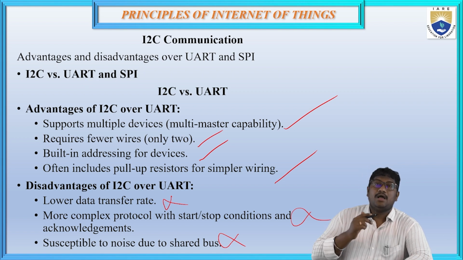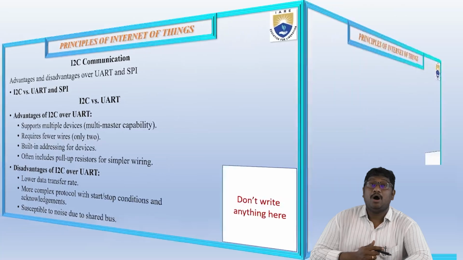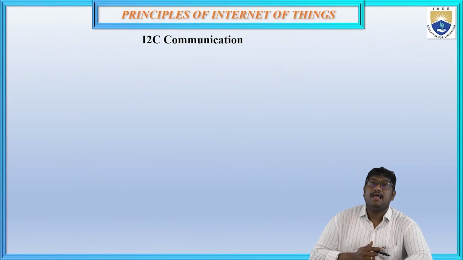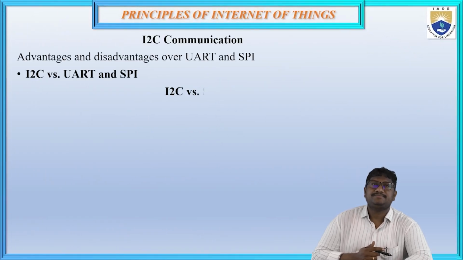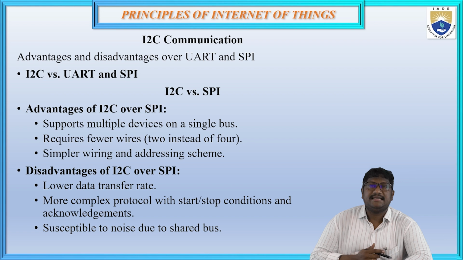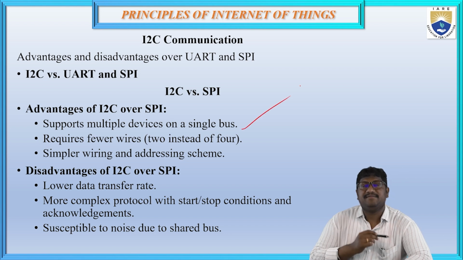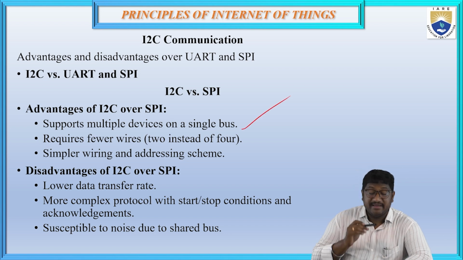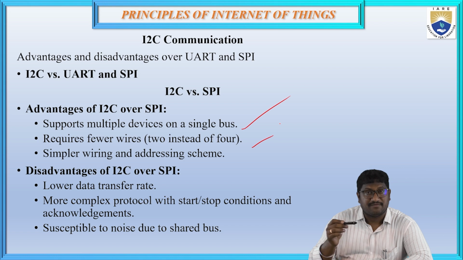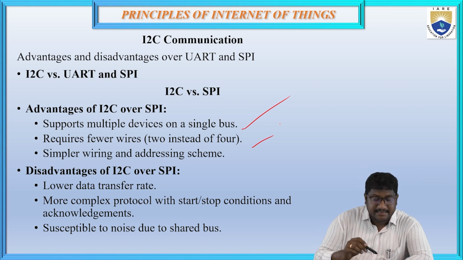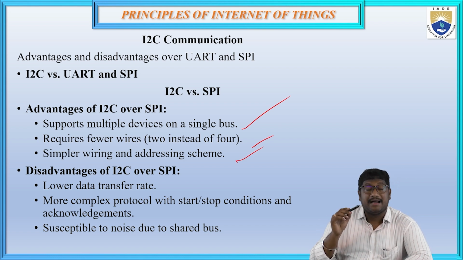Now we will see I2C versus SPI, how the advantages look. Have a look. These are the advantages and disadvantages over SPI. By using I2C communication, it supports multiple devices on a single bus, guys, where we require fewer wires, instead of 4 we are using 2. And here, simple wiring for the addressing scheme.